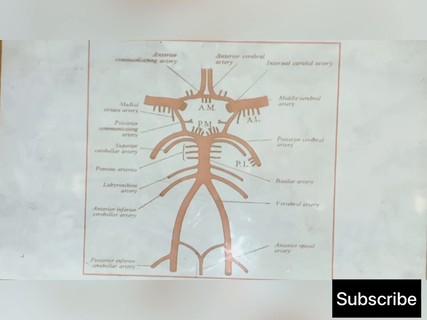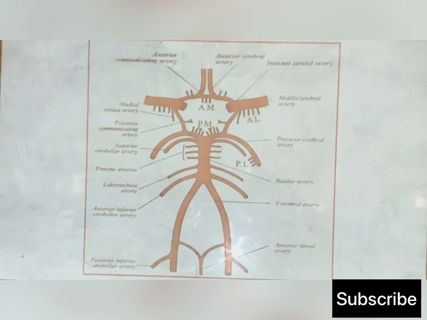This common carotid artery divides on the right side to give rise to the internal and external carotid artery. So on the left-hand side, you get it, the common carotid artery comes separately from the arch of the aorta. You get my point? While on the right side, the common carotid artery comes from the brachiocephalic trunk. On the left-hand side, it comes directly from the arch of the aorta.